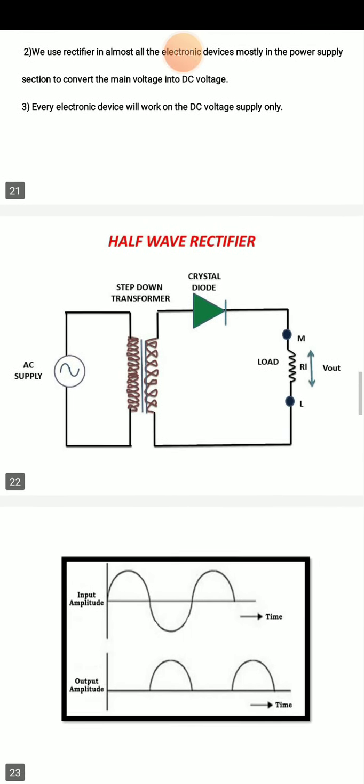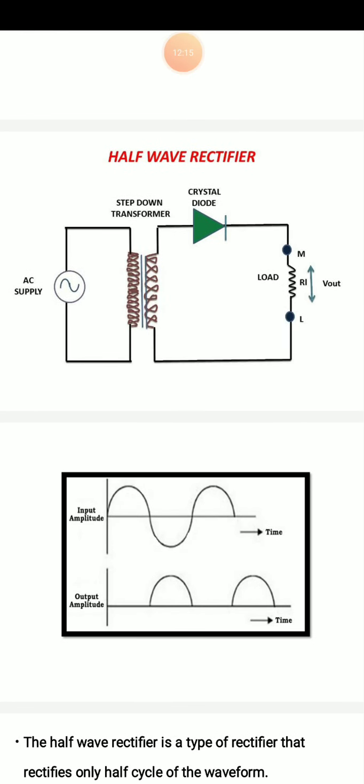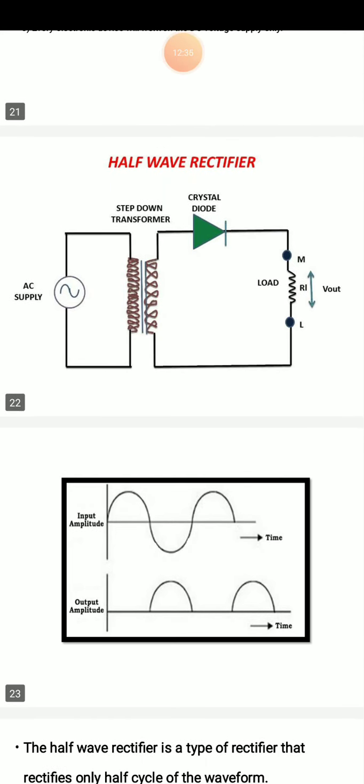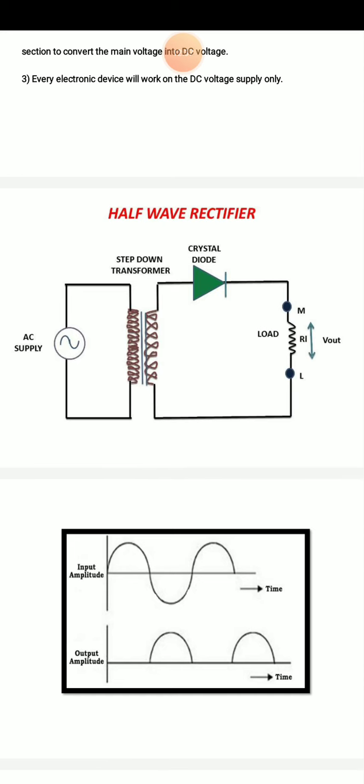So next we'll see the half wave rectifier. First, you can see we are using only one diode here, and this half wave rectifier converts only the positive cycle. We are using an AC source here. You can see the circuit diagram of the half wave rectifier with the AC supply.